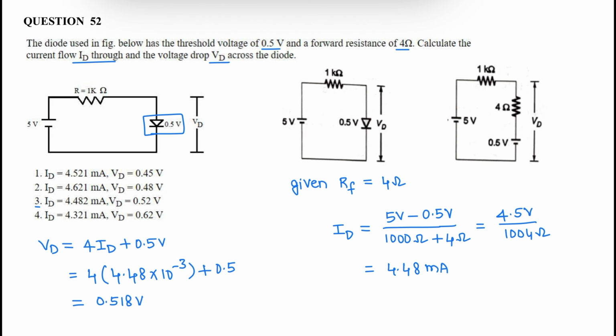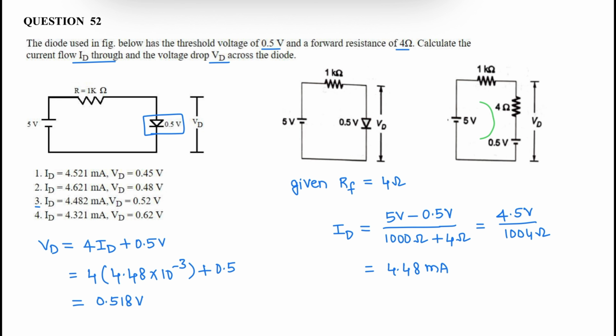Replace the diode with its internal circuitry. So this diode is replaced with the internal circuitry, 4 ohm internal resistance and 0.5 volts junction voltage. Now apply KVL in the loop.